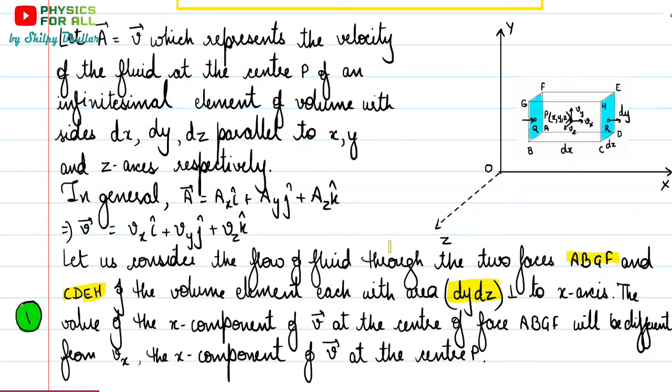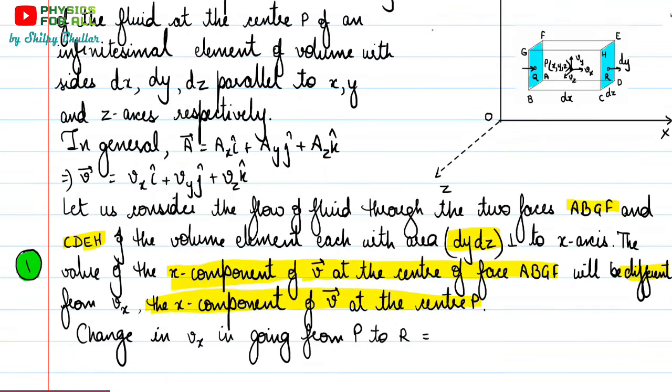And that difference arises in terms of the x component only, because from Q to P there is no change in the z component and no change in the y component. That's why the x component of V at the center of face ABGF, that is point Q, will be different from the x component of V at P. Now let's see what that difference is.